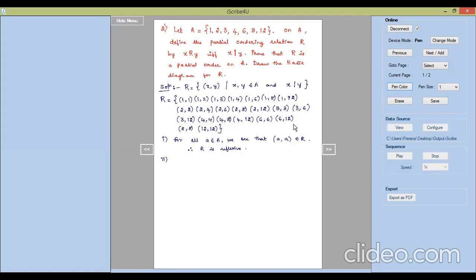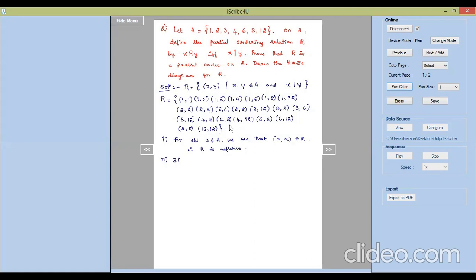That it satisfies the condition that if 4, 8 belongs to R, 8, 4 does not belong to R. This should be satisfied for all a not equal to b. It is true, it is being satisfied, so we can conclude it is antisymmetric. So we write down the same thing.